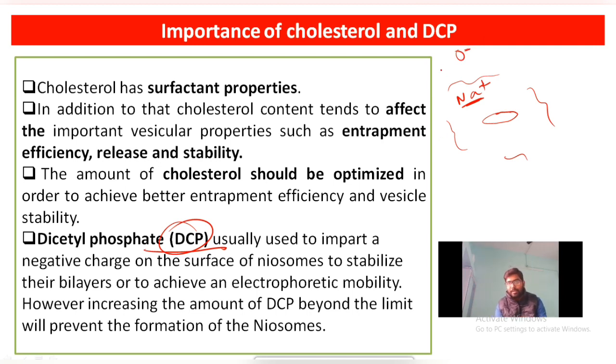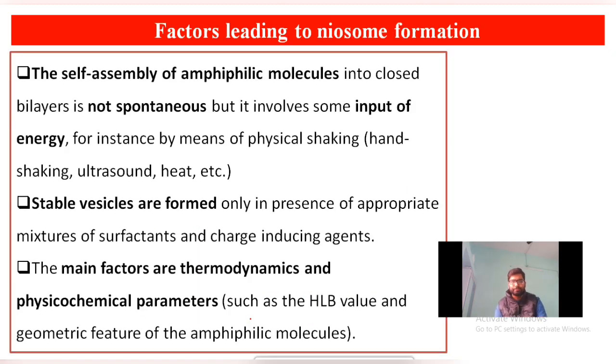So the electrostatic gradient will attract the negatively charged Niosomes to the extracellular environment, and it will help in transportation of negatively charged Niosomes. That is electrophoretic mobility. And again, the DCP content should be optimized for the formulation.